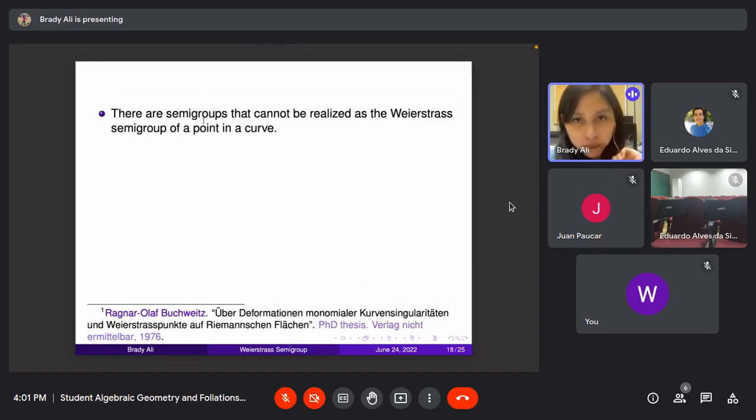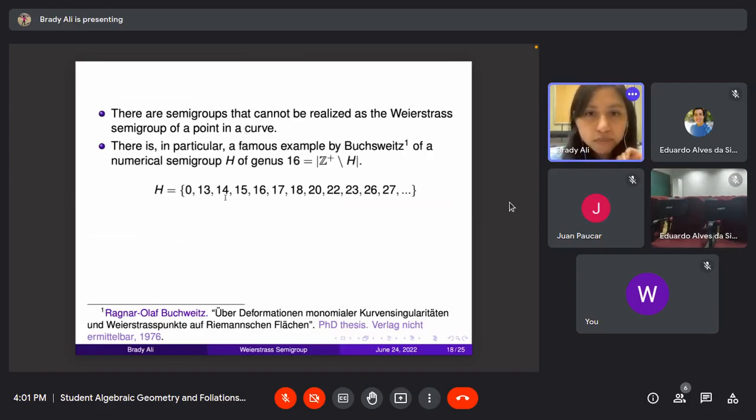There are semigroups that cannot be realized as the Weierstrass semigroup of a point in a curve. For example, in this article we have one example of a numerical semigroup H of genus 16 that cannot be realized as the Weierstrass semigroup of a point in a curve.